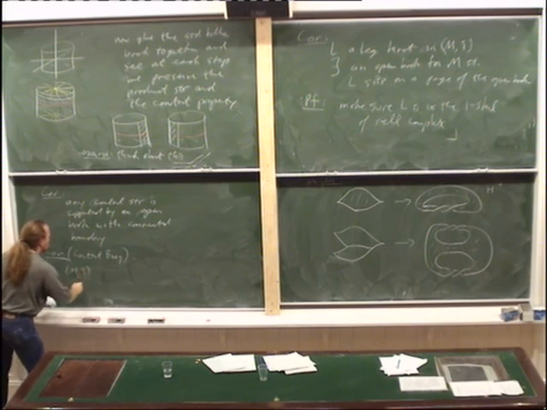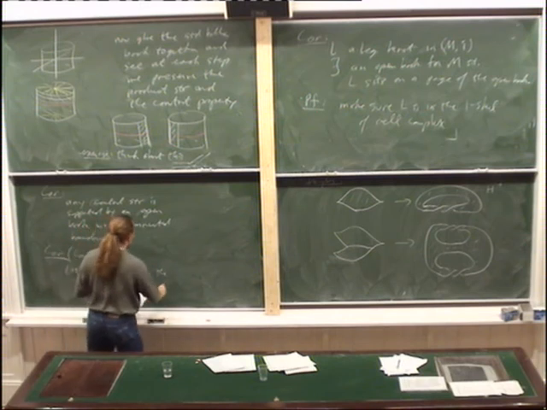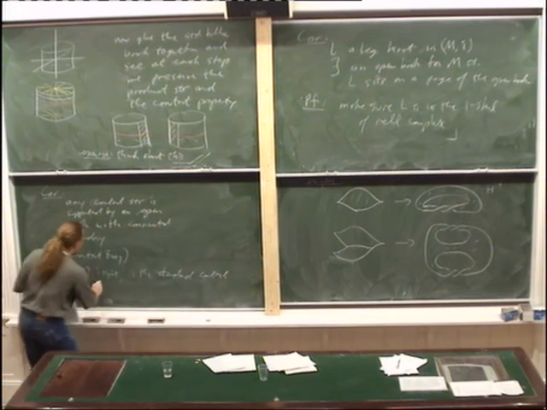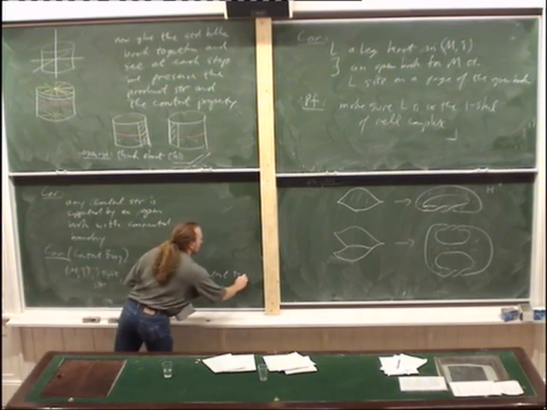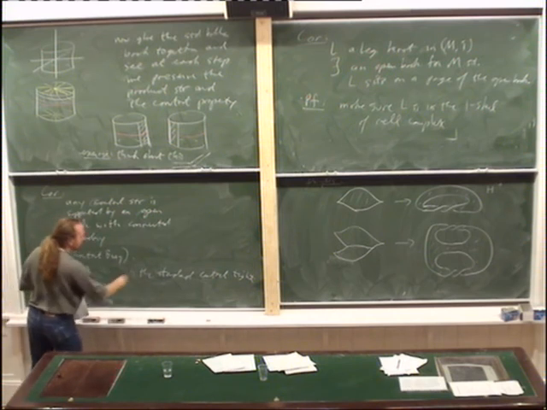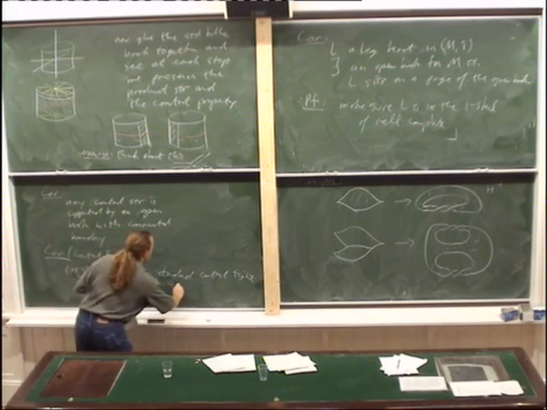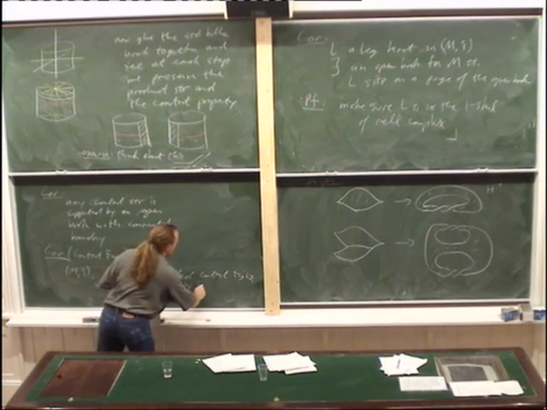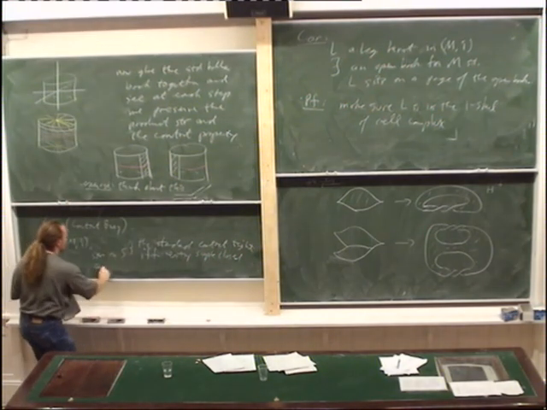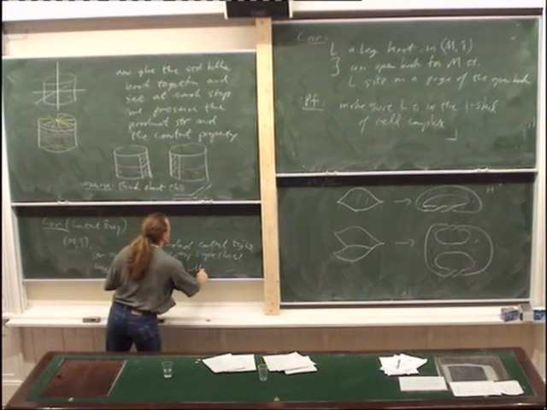So (M, ξ) is the standard tight contact structure on S^3 if and only if every simple closed curve is in a Darboux ball. Oh, sorry, we don't even need to assume that this is tight to begin with. Okay?